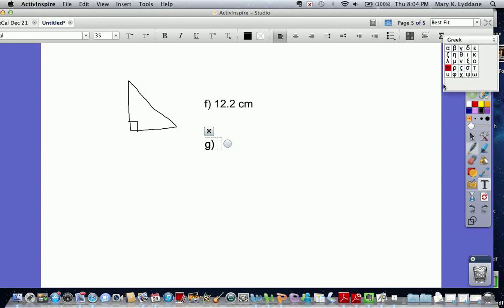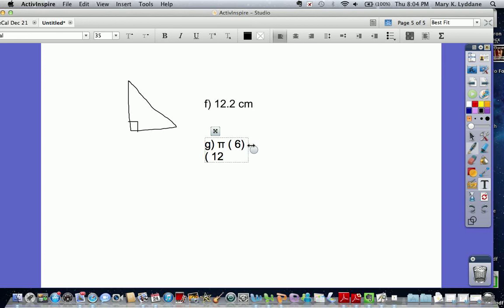So I'm going to do pi times the radius times the unrounded 12.2674 plus, so that's the area of the curved surface, plus don't forget that to do the entire surface area of the cone, you also have to include the area of the base, which is that circle, pi times the radius squared.